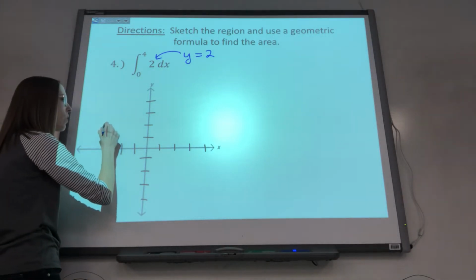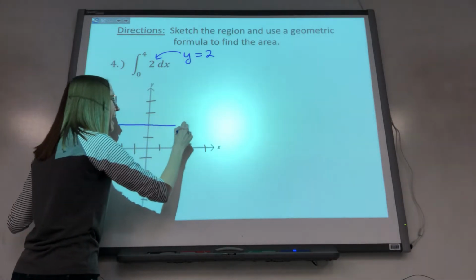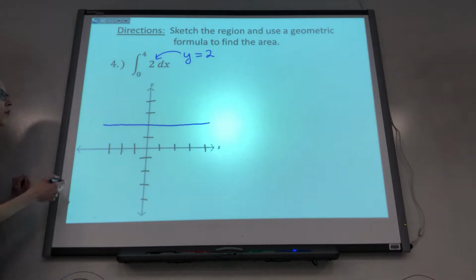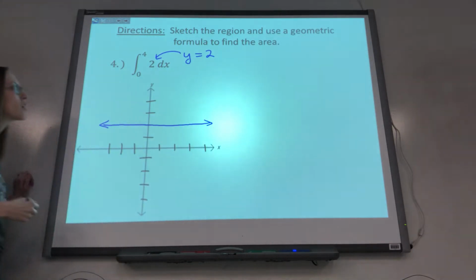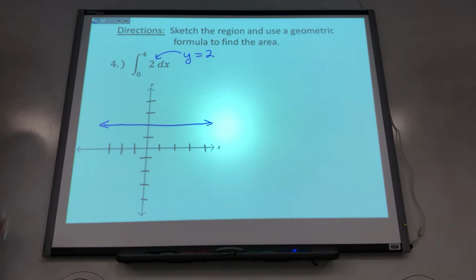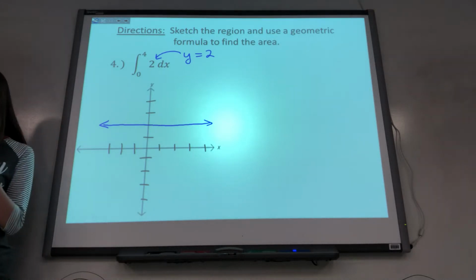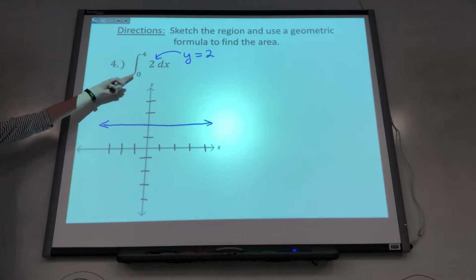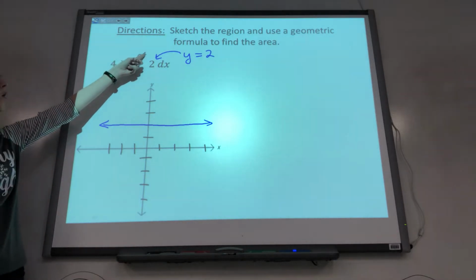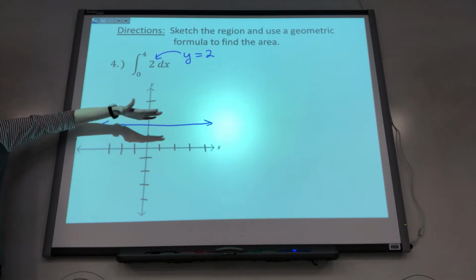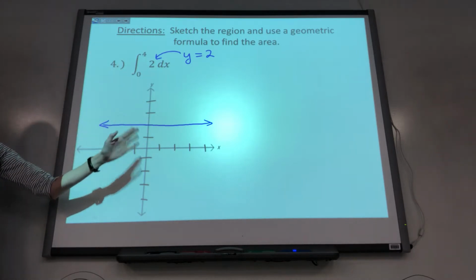It's just a horizontal line at 2 on the y-axis. That's what the function looks like. Now, the only part of the graph that we care about is from 0 to 4.